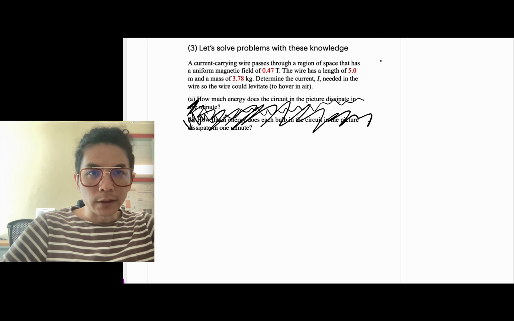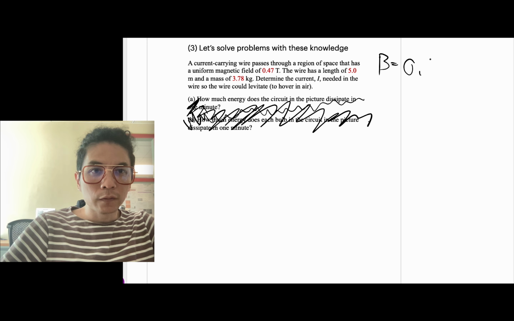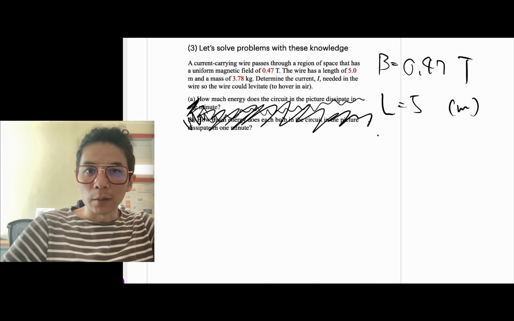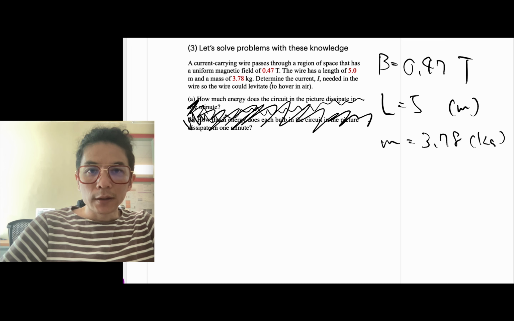So here B is 0.47 Tesla, the length L is 5 meters, and the mass is 3.78 kilograms. Determine the current I needed in the wire so the wire could levitate.